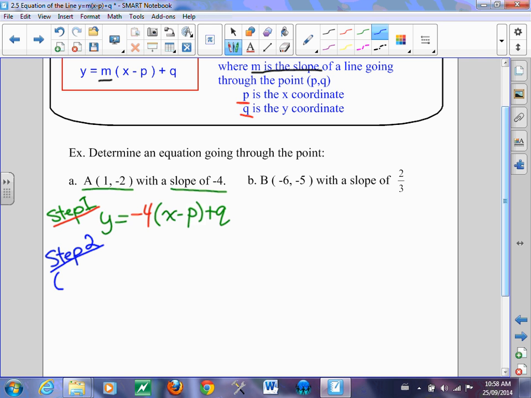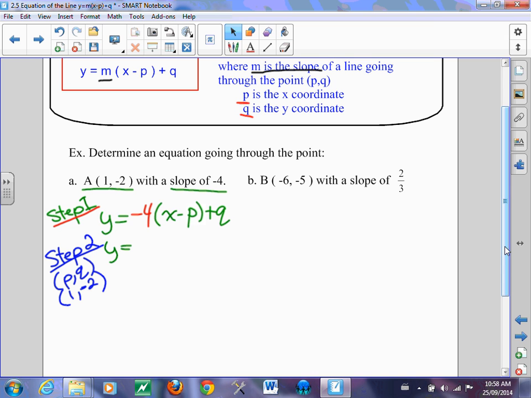So we need to find that PQ is really our ordered pair, -1 and -2. Okay, so it's going to be y equals -4 times x minus p, which is -1, and then minus, you could say plus minus, but it's going to be subtract 2.